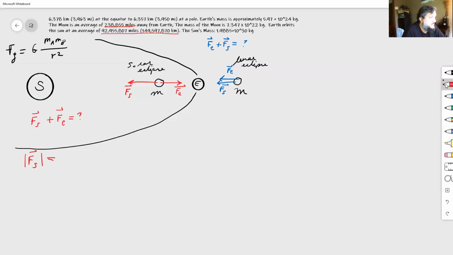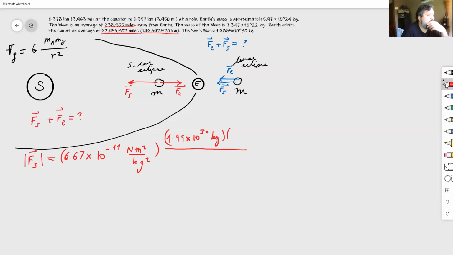So this force will be 6.67 times 10 to the negative 11 newton meter squared per kilogram squared, times the sun's mass, that is 1.988, so 1.99 times 10 to the power 30 kilograms, times the moon's mass.